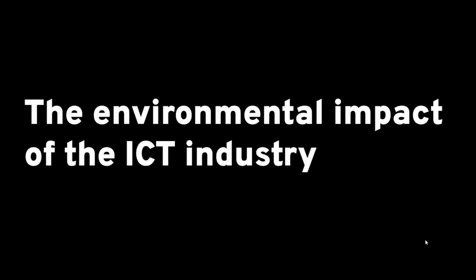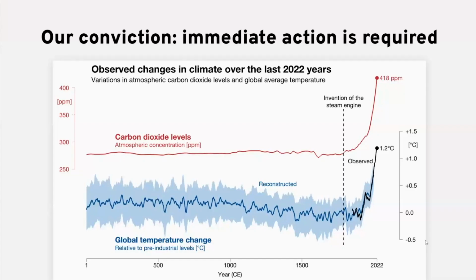One of the first statements that I want to start with is that the environmental impact of our industry is significant, and it's kind of obvious if you look at the numbers and step back a little bit that we have to take action, right? The amount of CO2 is increasing, and the consequences are still quite unknown.